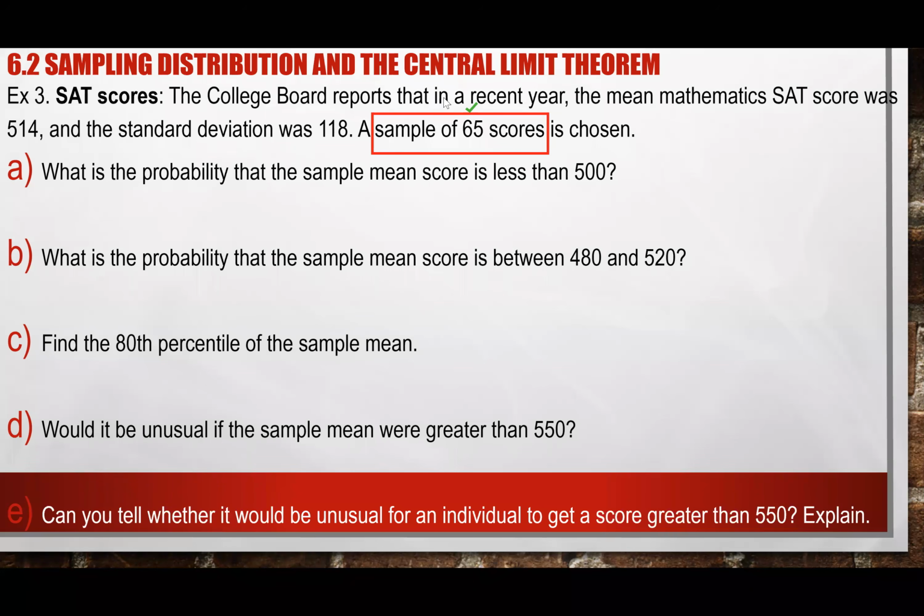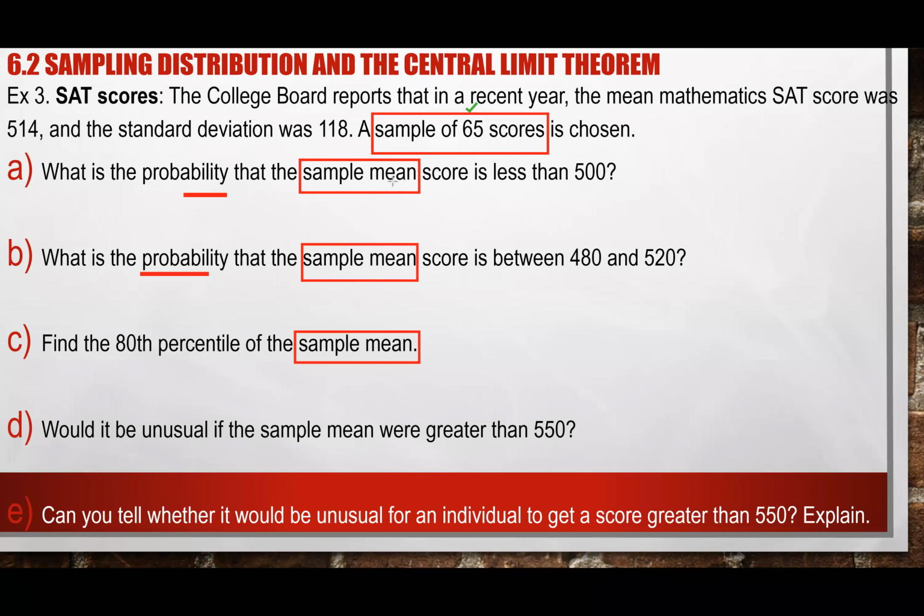And if you read this problem, this is what you know: it tells you that you will work with a sample, because what do they ask you? They ask you to find the probability, right? The probability tells us that we use the normal CDF, but it's the probability of the sample mean. The other one, they just say find the probability of the mean or of the population.